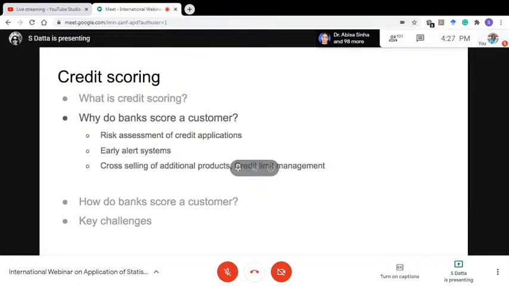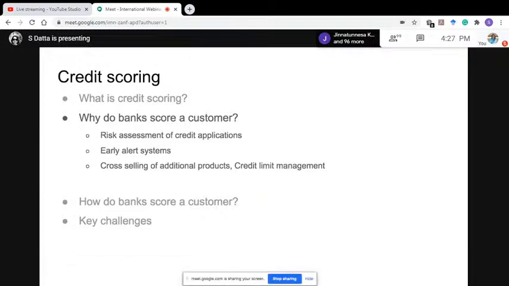You might want to talk to them about changing the loan payment arrangement, or if there's a credit card, you might want to give them an option of spreading the balance over a period of time or things like that. So you can see if there needs to be any kind of special arrangement for the customer.